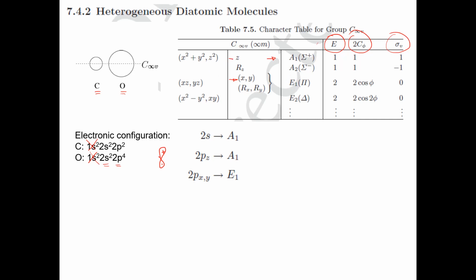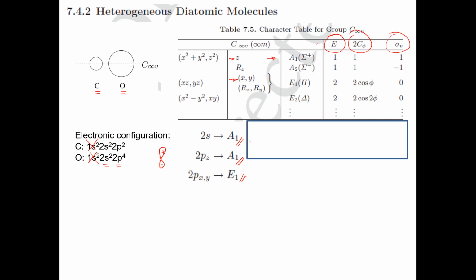And I can see here z, which is a basis for the A1 representation. So the two pz orbitals, they will transform like A1, and the px, py orbitals for both carbon and oxygen, they will transform like E1. Okay? A two-dimensional representation E1. And of course the s orbitals transform like A1.